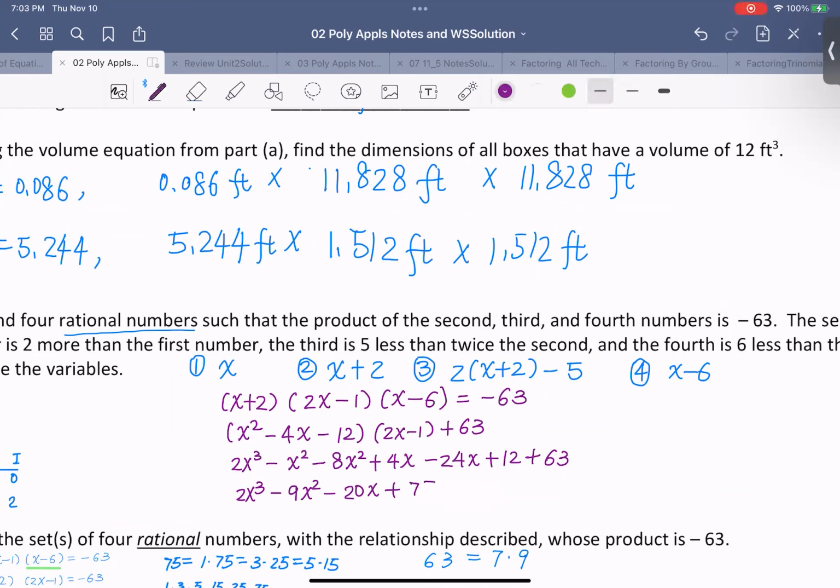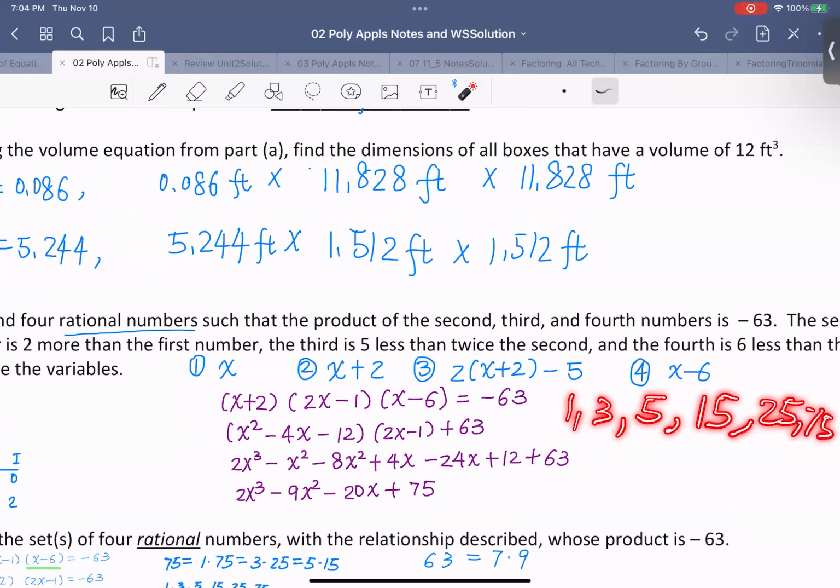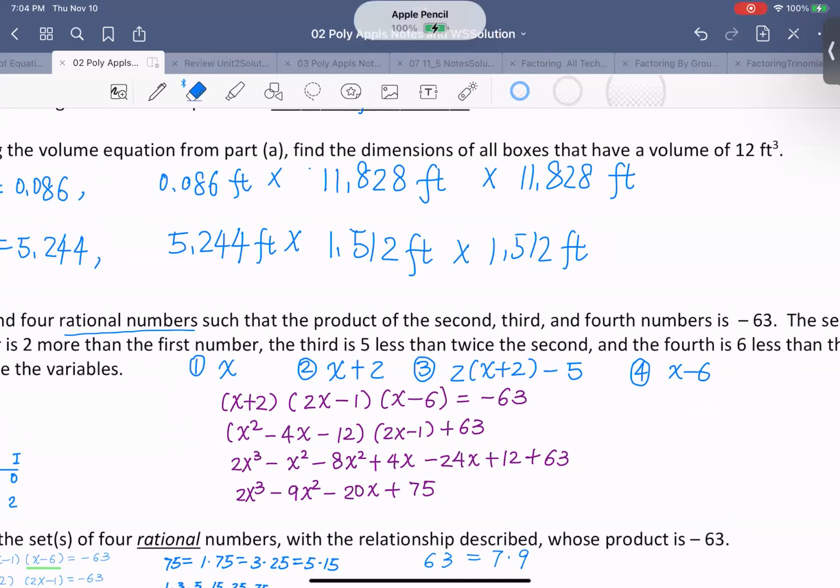And then we will do the factors of 75, which are 1, 3, 5, 15, 25, and 75, over 1, 2. Right? Okay.